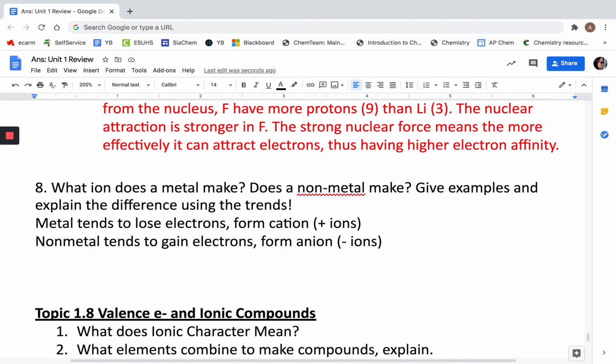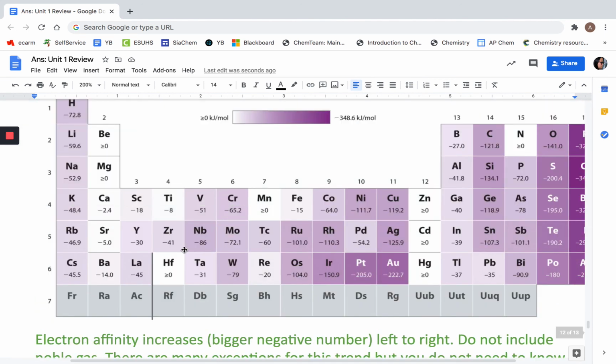Okay, the difference between the trend is metals only have one electron in the outermost shell, which means they are loosely held, they are easier to remove. Non-metals have more protons, they are smaller in general compared to their metal if they're in the same row, which is pretty much things that I wrote up here.